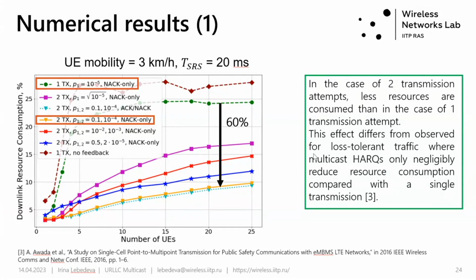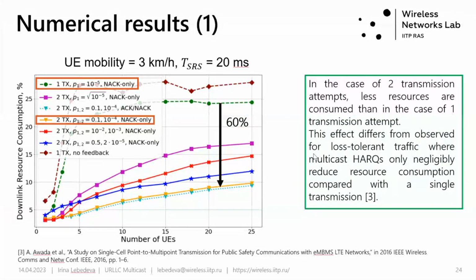I'm not sure that I can give an answer exactly. No, I understand you did not provide some experiments, but as I understand, you have some trade-off between consumption of downlink resources and uplink resources. And in the time division duplex scenario, uplink resources are very limited.